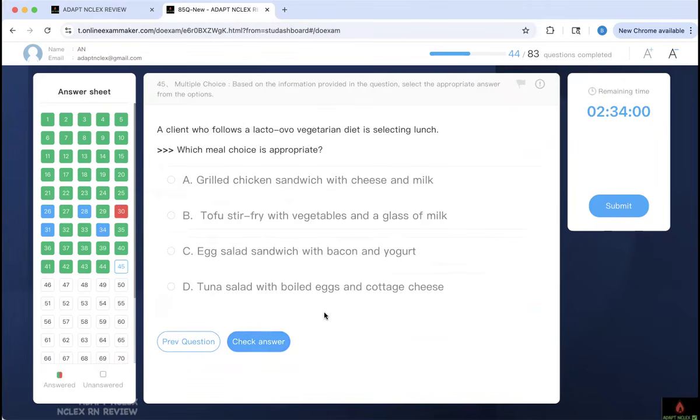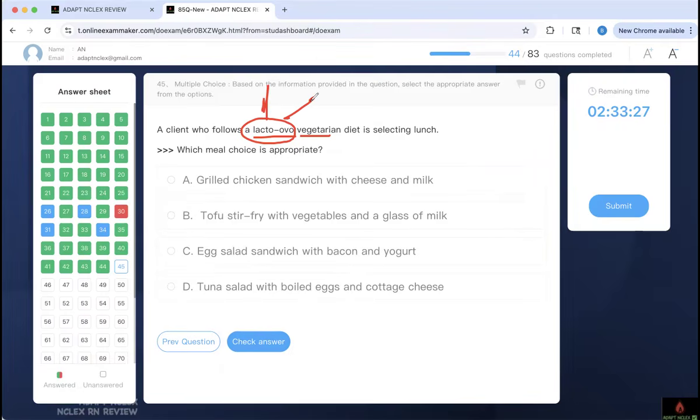A client who follows a lacto-ovo vegetarian diet is selecting lunch. Which meal choice is appropriate? Grilled chicken sandwich with cheese and milk. Tofu stir fry with vegetables and a glass of milk. Egg salad sandwich with bacon and yogurt. Tuna salad with boiled egg and cottage cheese. This is a diet question. What kind of diet? It's vegetarian and it's what? Lacto-ovo. That means they can eat milk and egg.